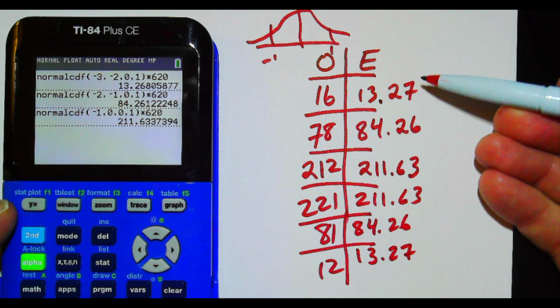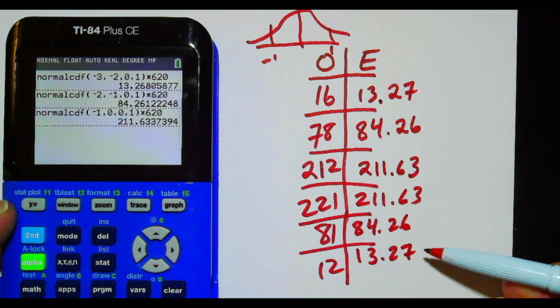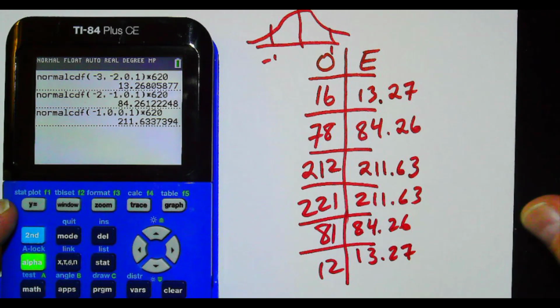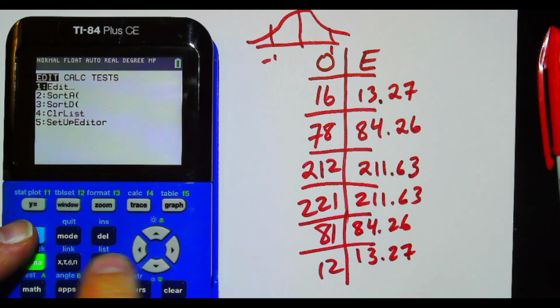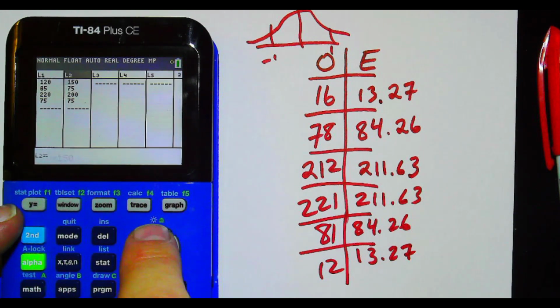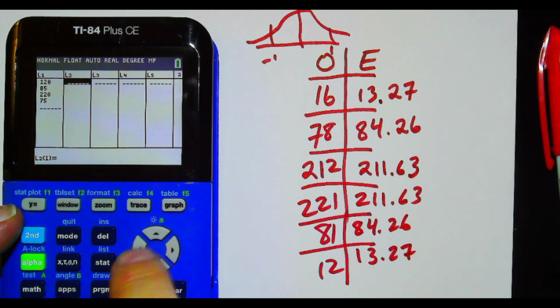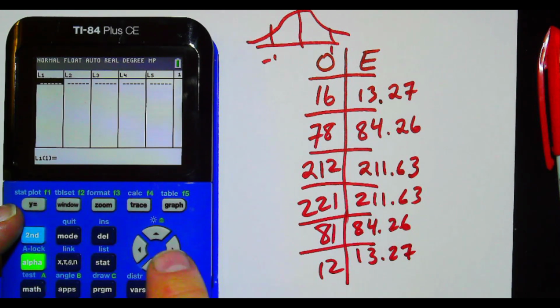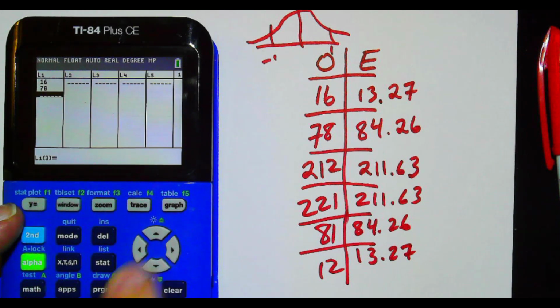We need to put all of this data into 2 lists. So doing that, we'll go to Stat, Edit. We'll clear our lists and type 16, 78, 212, 221, 81, and 12.